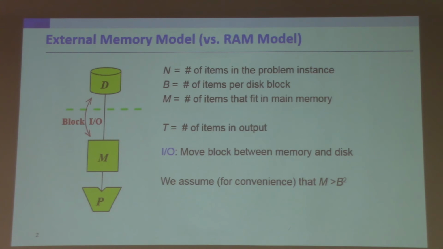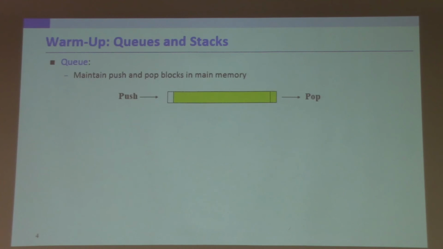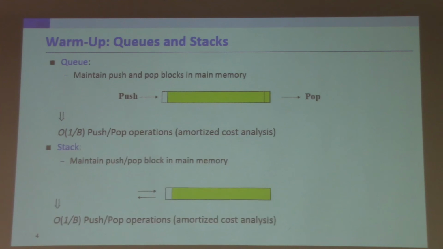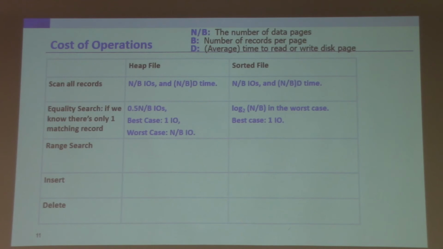But if we use that to model the number of items in the output, the number of additional pages you have to read is simply T over B. Because each page has B items, you have T items in the output, that translates to T over B IOs. And these log2 N over B IOs are random IOs, but those T over B IOs are sequential IOs.